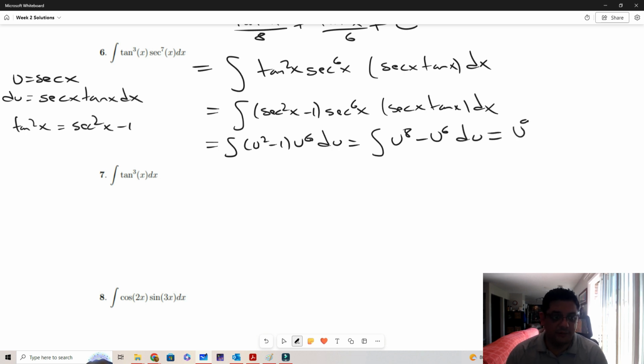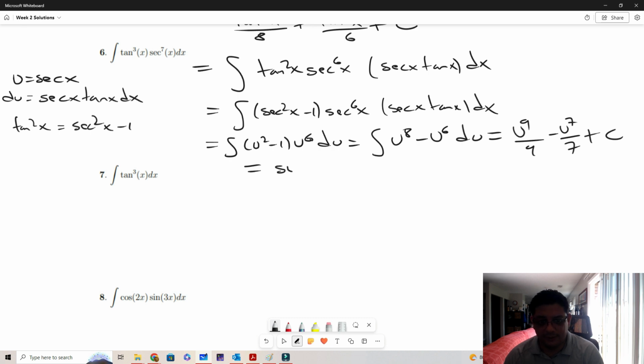When I integrate, this is u to the 9 over 9, and then minus u to the 7 over 7 plus c. And then I can just replace back to the original variable. That will be secant to the 9 over 9 minus secant to the 7 over 7 plus c.